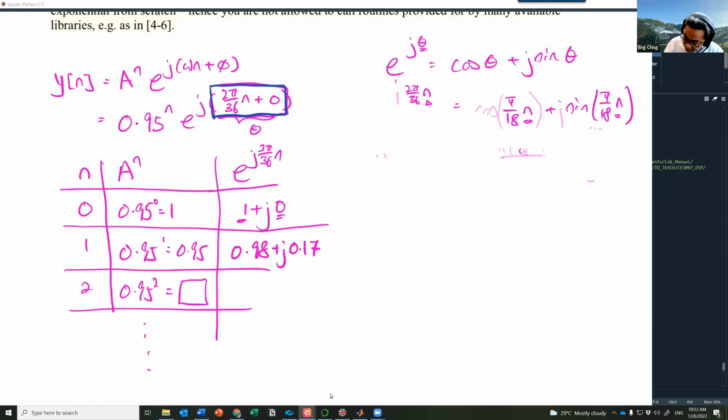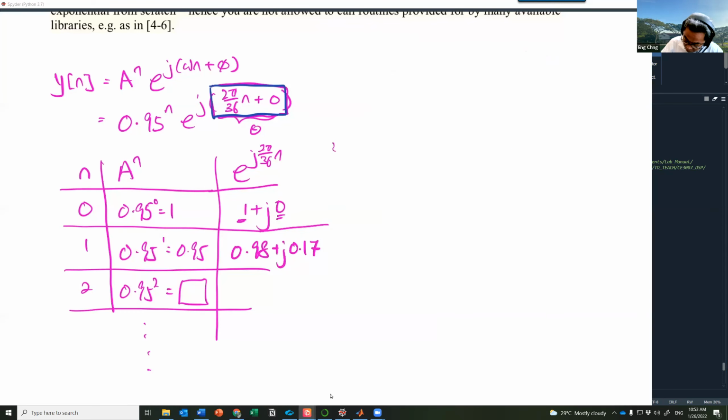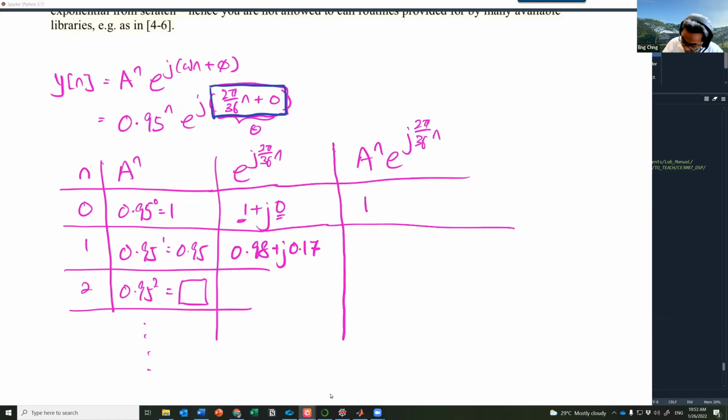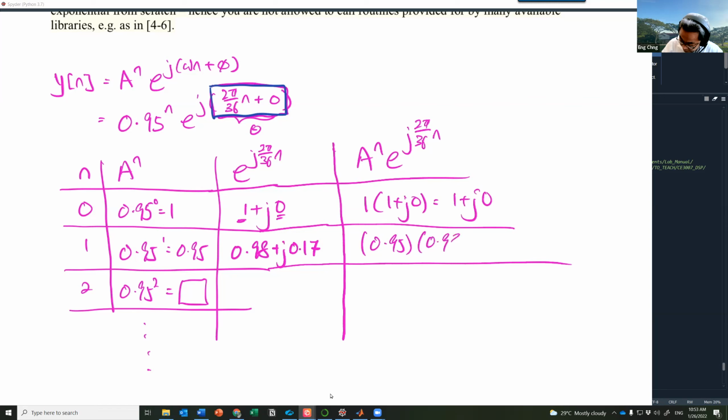Now finally, we finish the full computation of this guy, which is a^n times e^(j2π/36 n), which is nothing but 1 times 1 plus j0. This is 1 plus j0. What about this guy? This guy is 0.95, which is a to the power 1, times 0.98 plus j0.17.